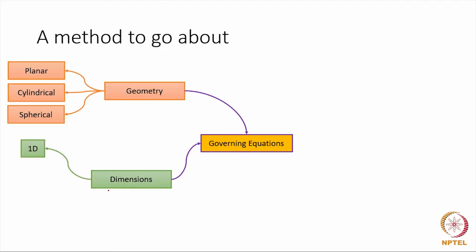Very often for a textbook problem or a problem that we should be solving with pen and paper, it would usually be a 1D problem. So it means that we have one term alone in each of the expanded terms in the governing equation.